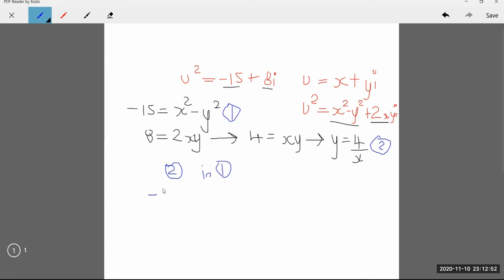So we get negative 15 is equal to x squared minus y squared. Now this y squared, y is 4 over x. And so we're going to write this as 4 over x all squared.